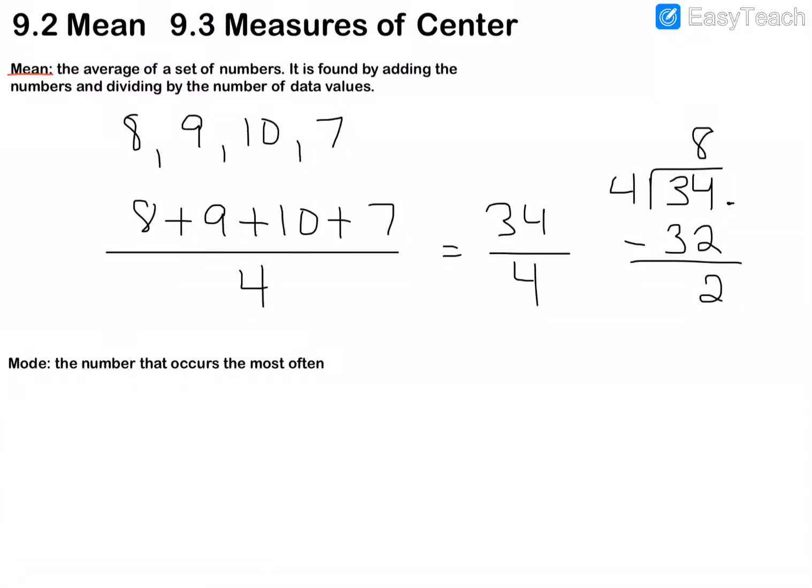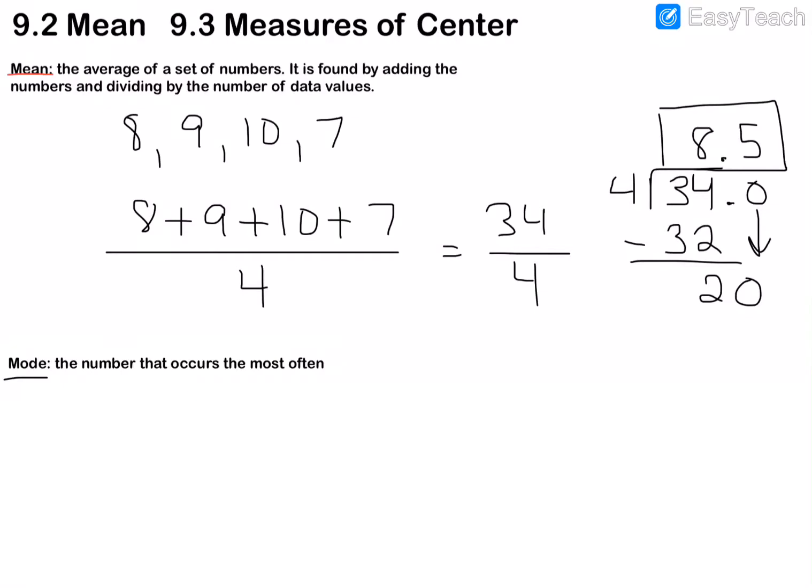I'm going to have to put a decimal and bring down the 0. 4 goes into 20 5 times. So 8.5 is my average test score, or the mean of my test scores. Okay, so you have to remember these terminologies. Mean means average.